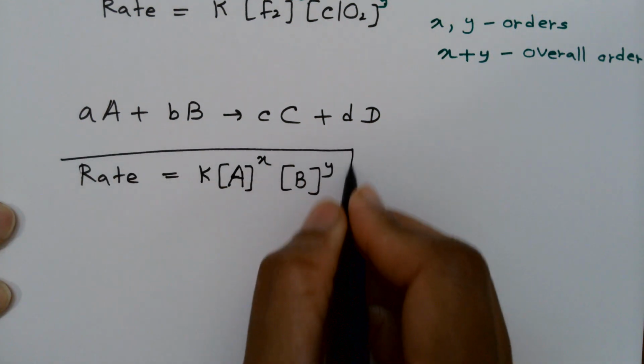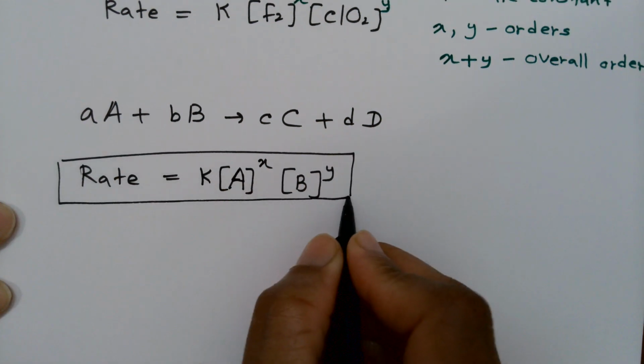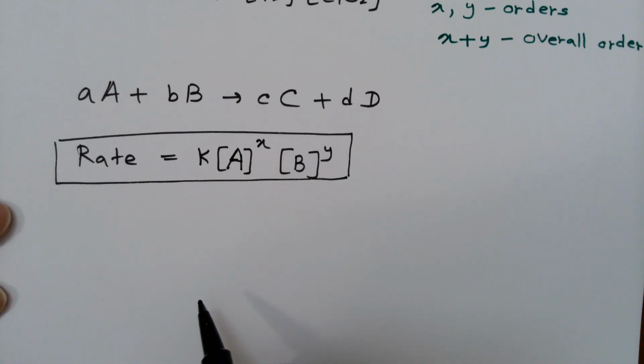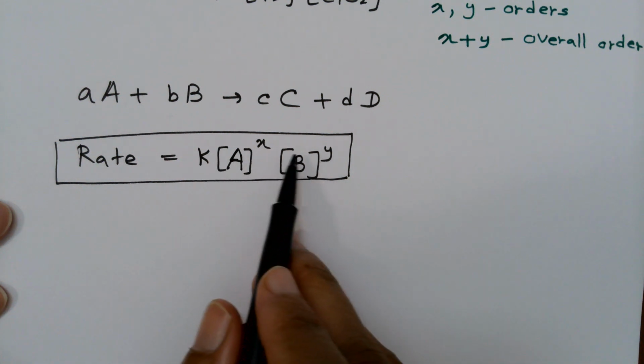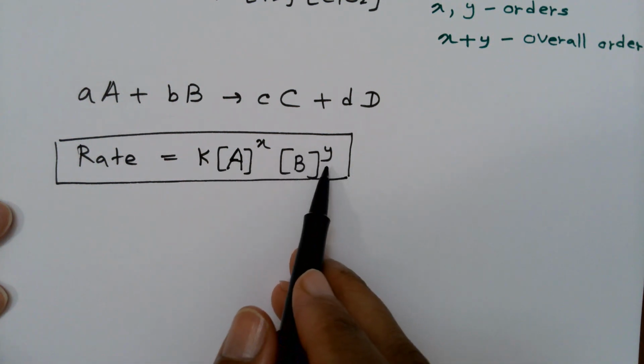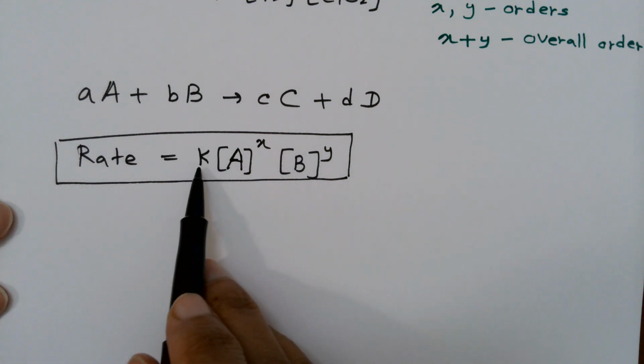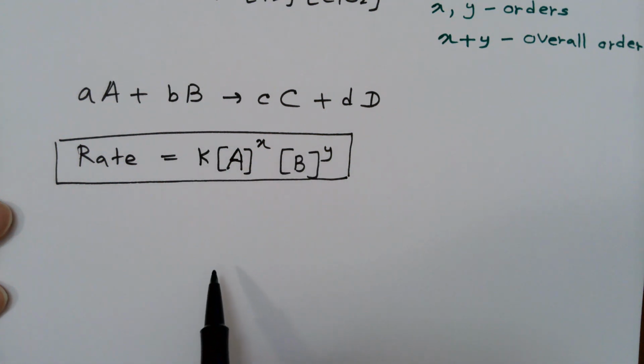This is the general format of the rate law for the given chemical reaction. Now x and y, the orders of this reaction, we can calculate experimentally, and then we can find out the rate constant value. Let's move on to one example here.